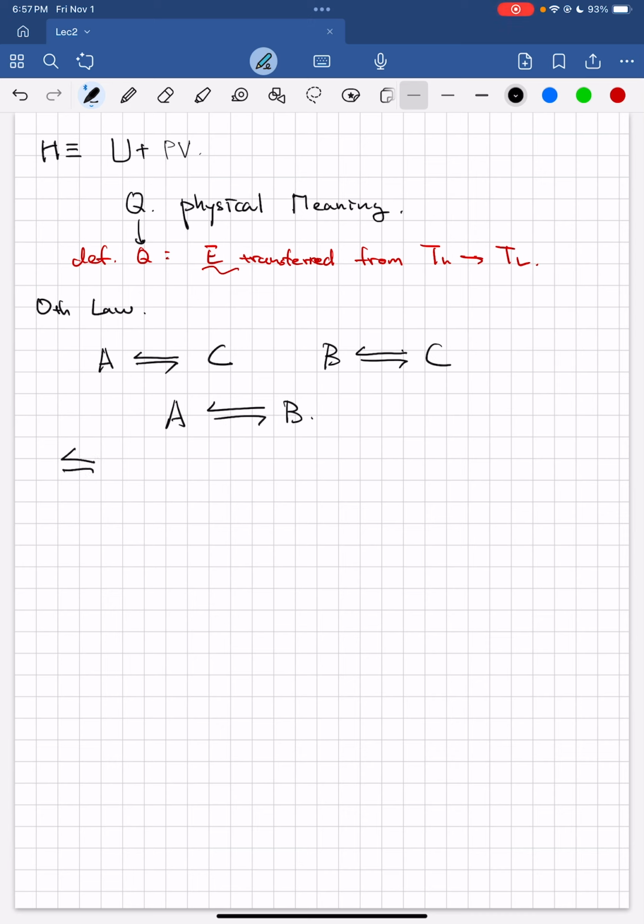Here the equilibrium means thermal equilibrium, which means same temperature.